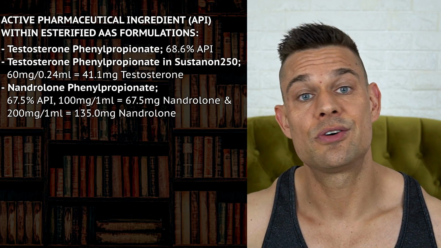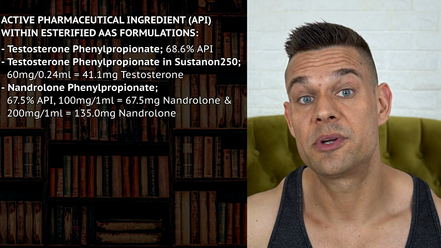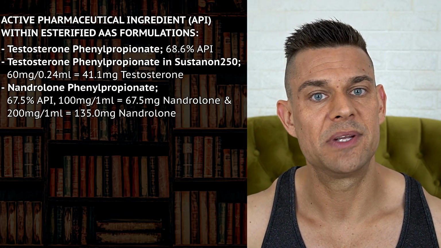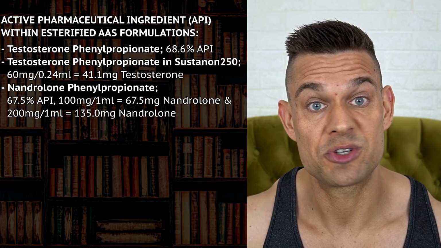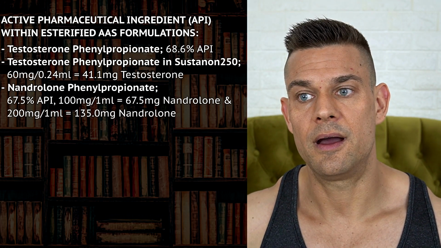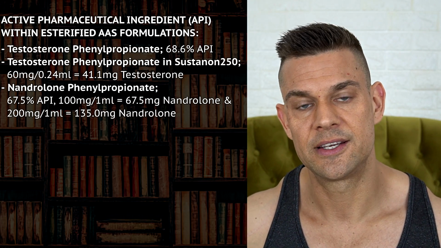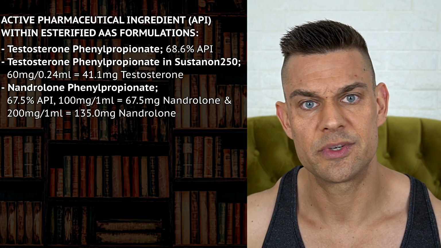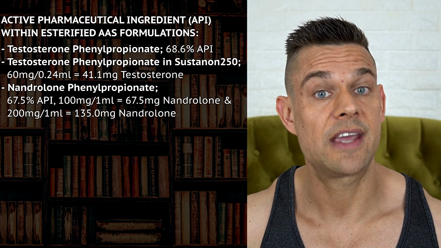And there's also nandrolone phenylpropionate, which is being produced by itself. Nandrolone phenylpropionate contains 67.5% nandrolone. In a 100 milligram per 1 milliliter formulation, you would get 67.5 milligrams actual nandrolone. But I've also seen on the underground scene a 200 milligram per 1 milliliter formulation of nandrolone phenylpropionate. And that would yield 135 milligrams of actual nandrolone, which is very comparable to 250 milligrams of nandrolone decanoate.